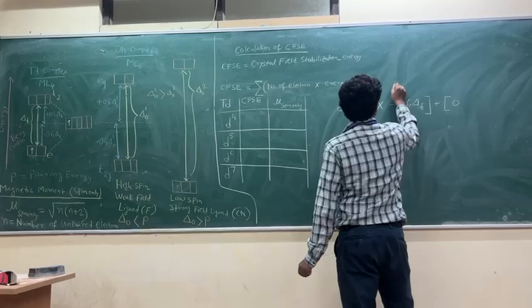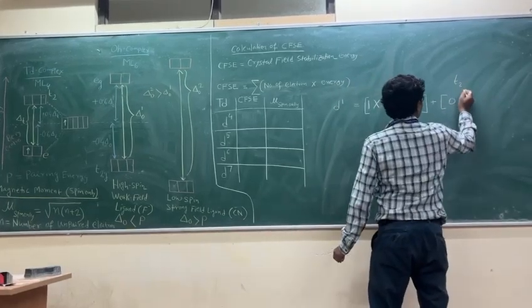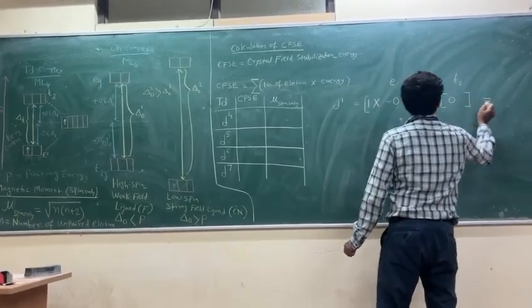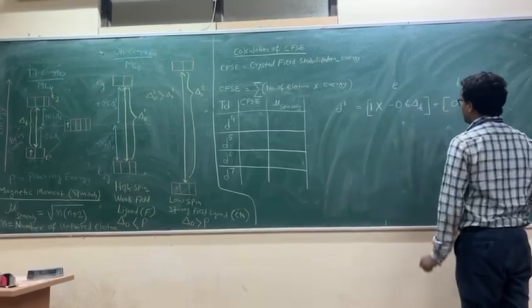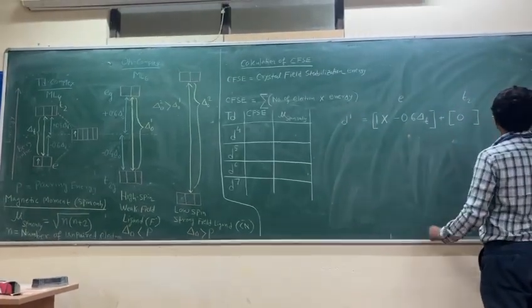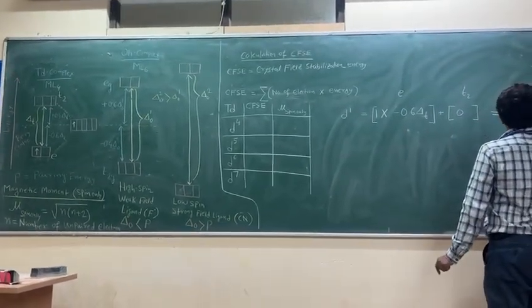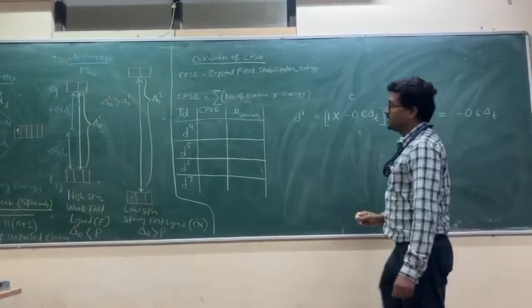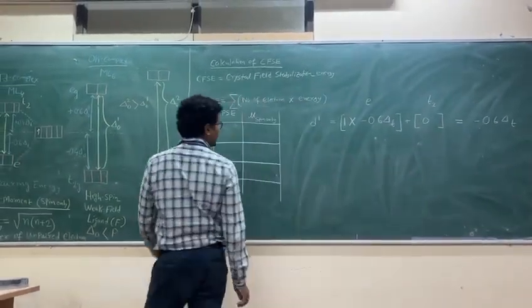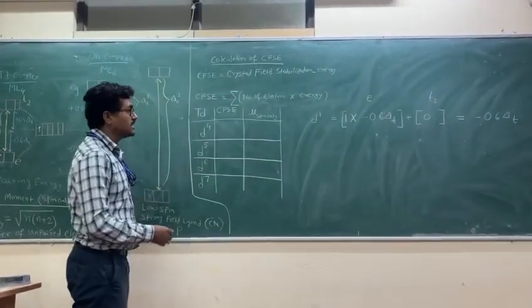This is our E level, this is our T2 level. T2 level is 0. So the total CFSE value for d1 will be minus 0.6 delta T. So the CFSE value for a tetrahedral d1 complex is minus 0.6 delta T.